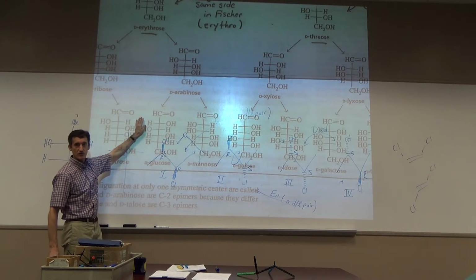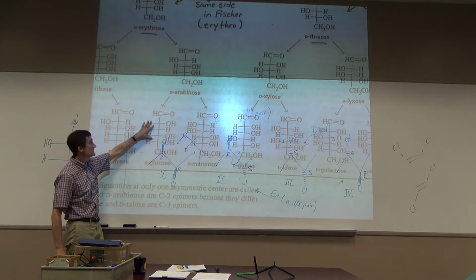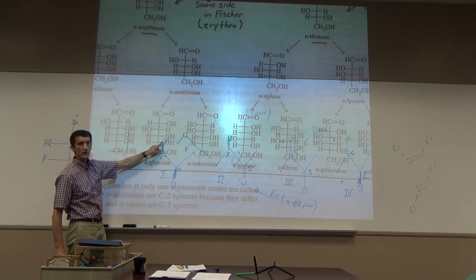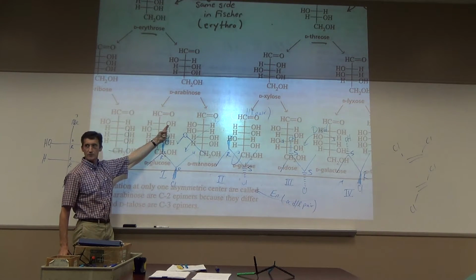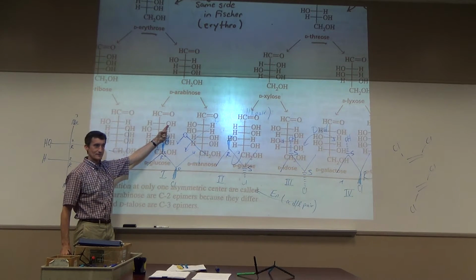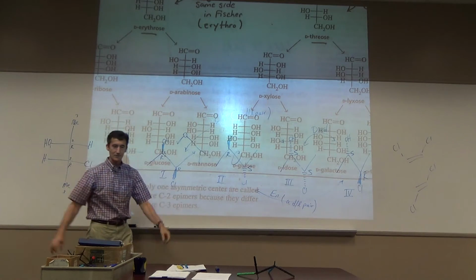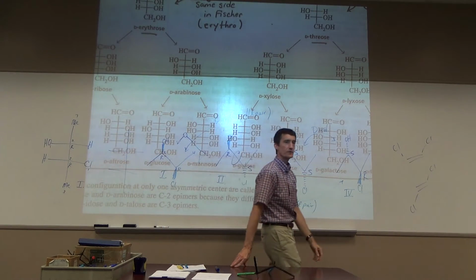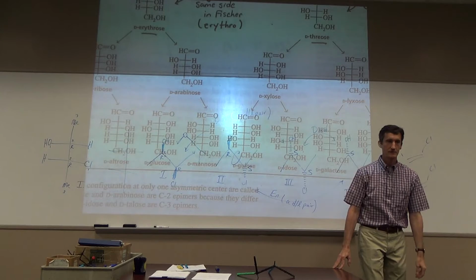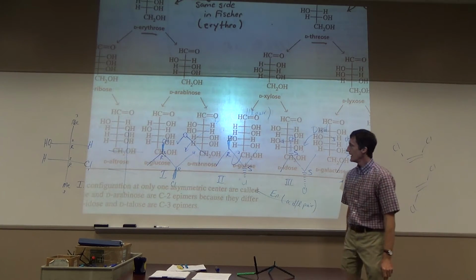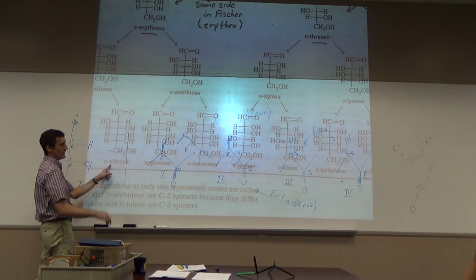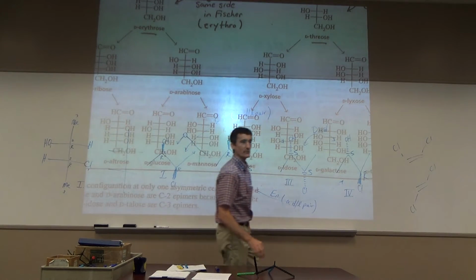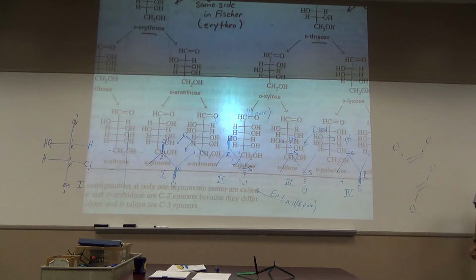Well, it's not 6 chiral carbons, it's 4 chiral carbons. See, these are drawn in Fischer projections. And this OH is coming forward or going back? Forward, okay? Carbohydrates are drawn in Fischer projections. And then you have different ones. These are all stereoisomers. We'll look back at this a little bit later.